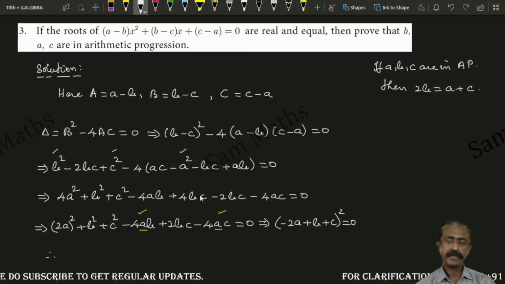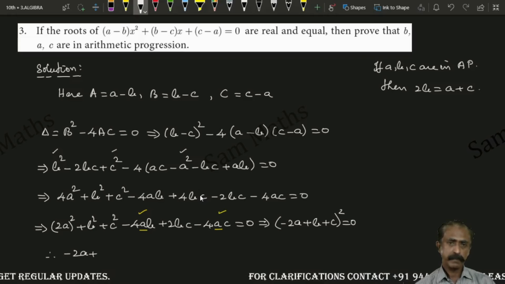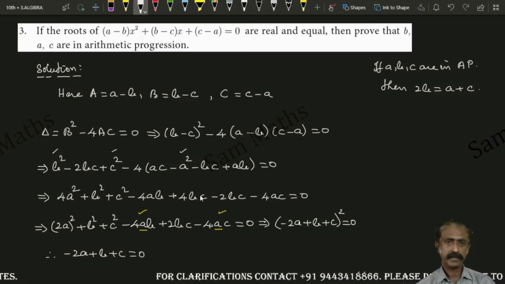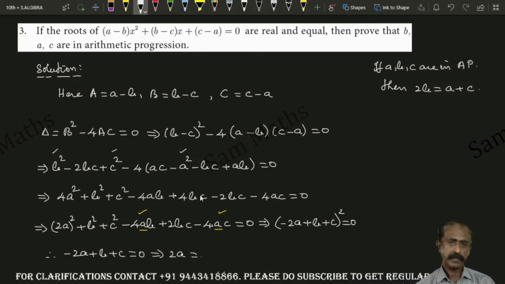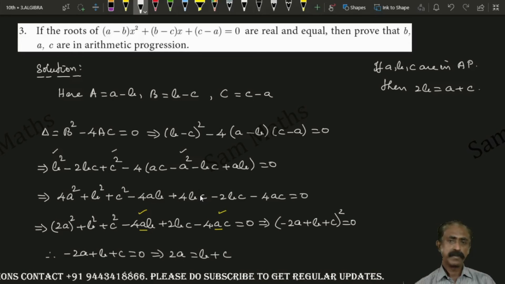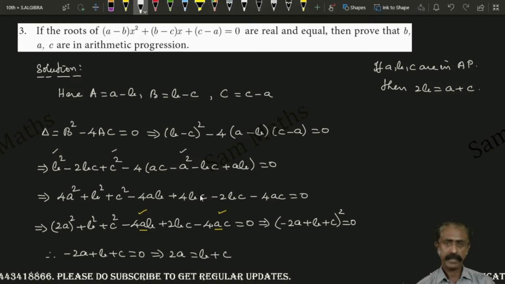Therefore, we are getting minus 2a plus b plus c equal to 0. You can take square root, which implies 2a is equal to b plus c. Now we can conclude b, a and c are in AP.